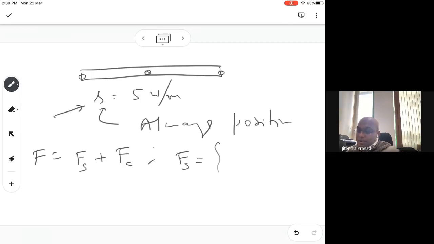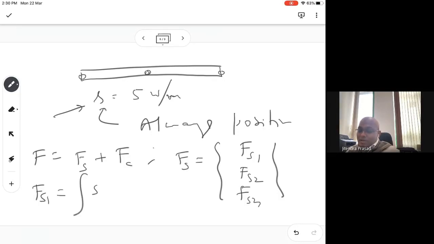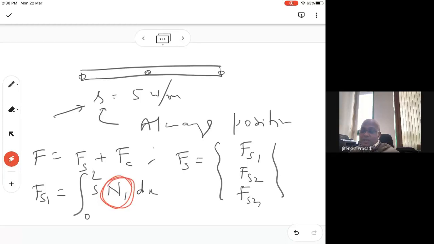You will have Fs1, Fs2, Fs3, and how do you write them? Fs1, as you know, will be equal to the integral of S times N1 dx from 0 to L. That's it. This gives you Fs1. You multiply by the first shape function and then integrate, you will get it, if it is 3-noded.